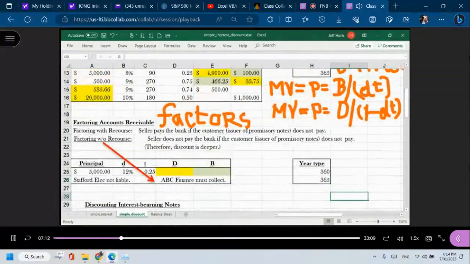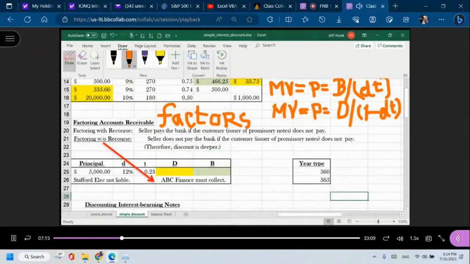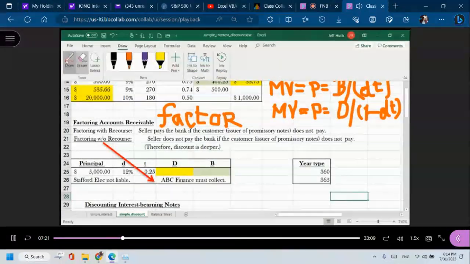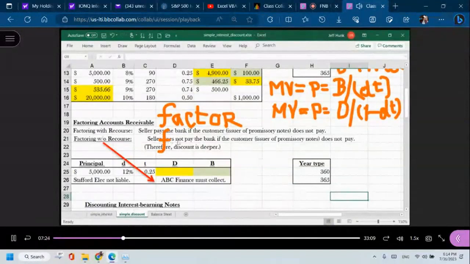Okay? Interestingly, the word factor actually comes from the French word facture, okay? La facture. And what does that mean? That means invoice.